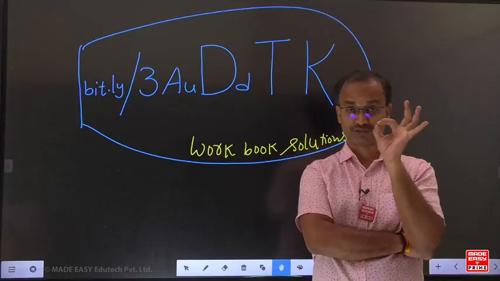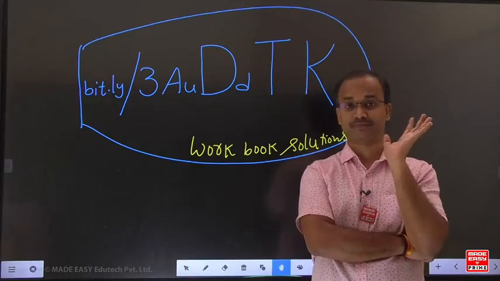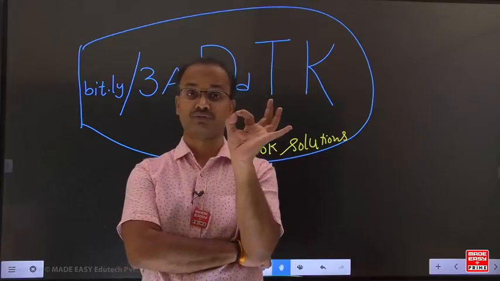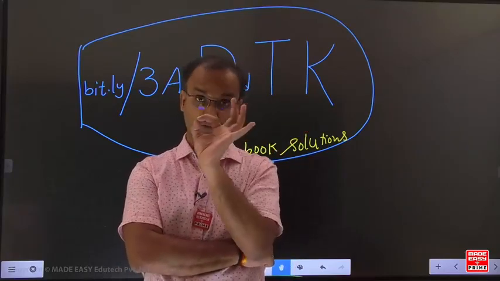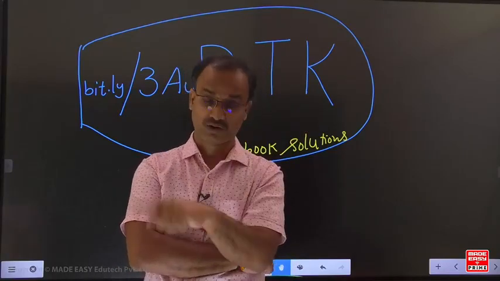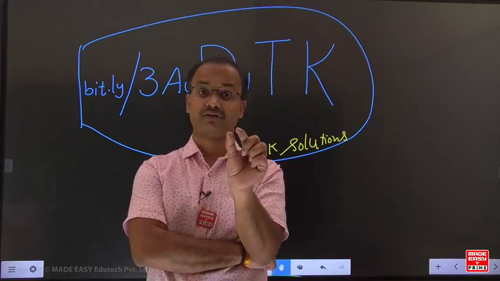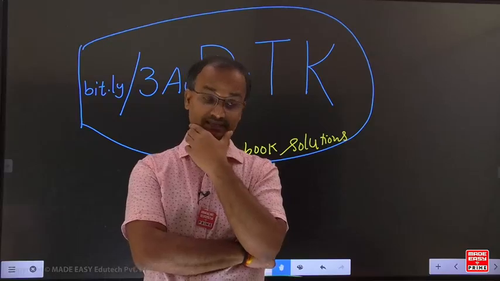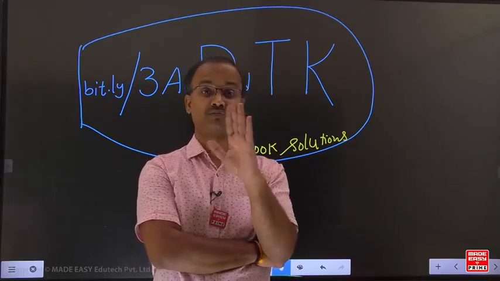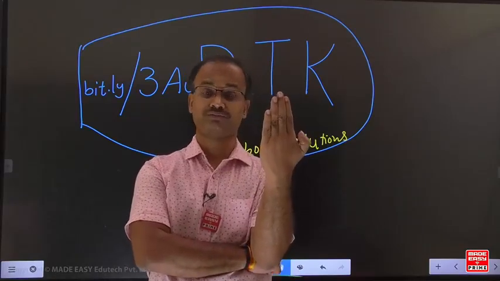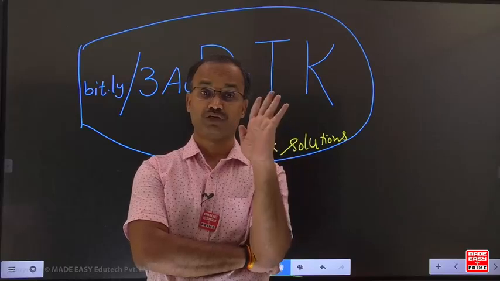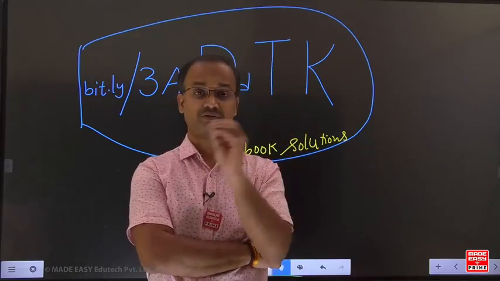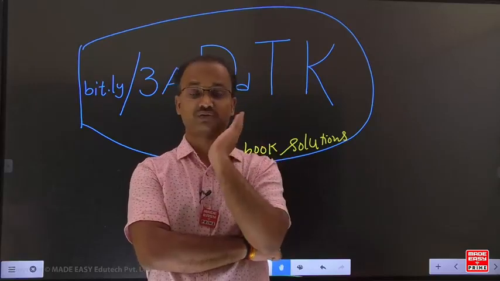And one more thing: in the workbook questions, don't write anything in the workbook. Don't put any answers, don't write any hints also. Write the workbook's questions separately in a separate notebook. The reason is that when you revise and open the workbook, you should see only the questions, no answers, no hints. Put one separate notes for the workbook, and try to write all the solutions.